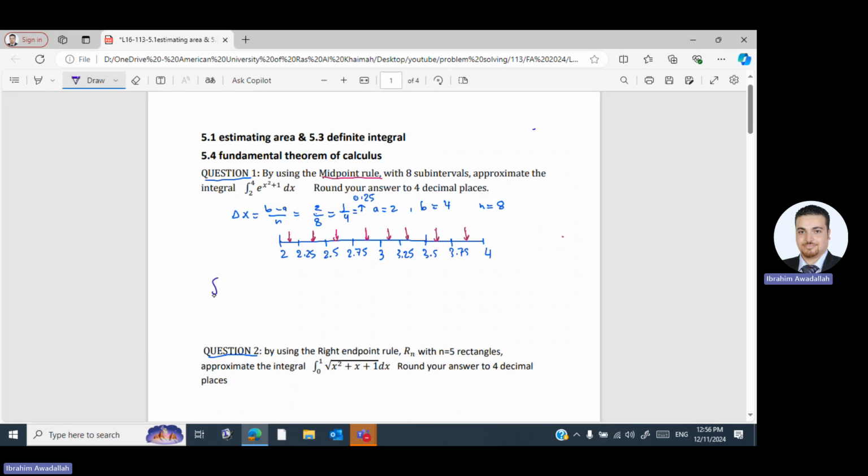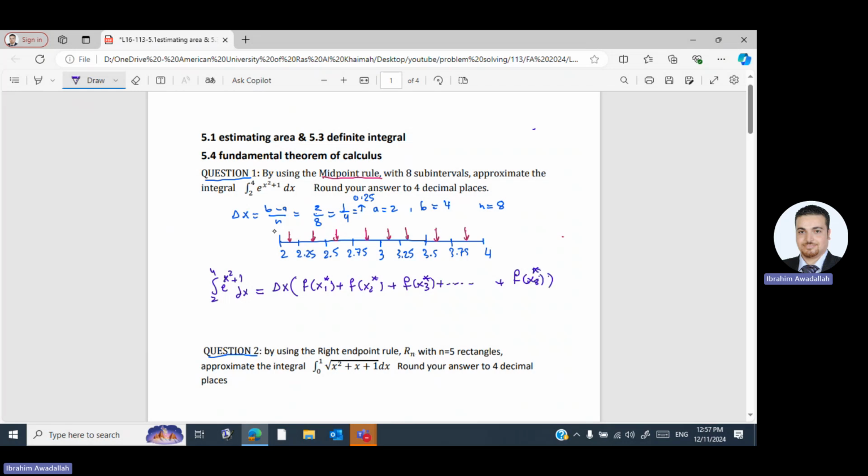The integration from 2 to 4 of e to the power x squared plus 1 dx equals delta x times f of x1 star plus f of x2 star plus f of x3 star. I'm not going to write all of them, till the last one will be f of x8 star, because n equals 8.